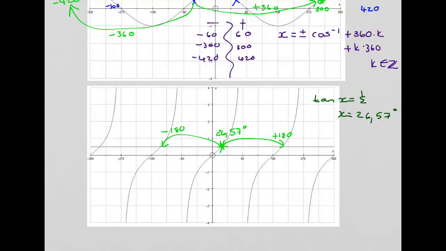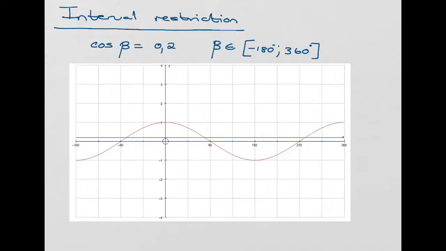So tan's rule is going to be tan negative 1 of whatever ratio they've given you, in this case it's a half, plus k 180 degrees. K is still an integer. Right, just like when we're working with our general term for number patterns, but in number patterns k is not an integer, it's a natural number because you can't go backwards into negatives. But because we're working with a graph with degrees here, we can go into the negative section.